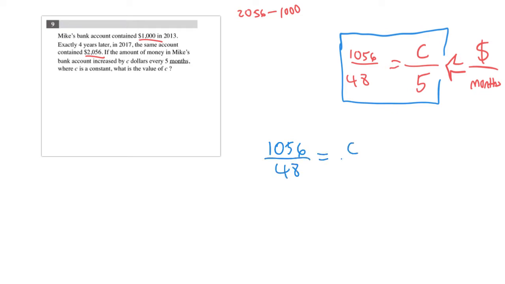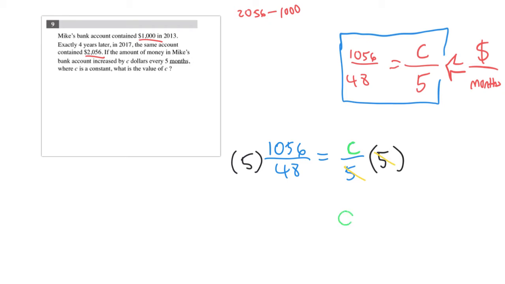And in this case, it is possible to save time. At the end of the day, we just want to solve for C. And the only thing in the way of C being completely by itself on the right is this 5 right here. So what we could do is get rid of that 5 by multiplying both sides by 5. That would cancel out the 5's.